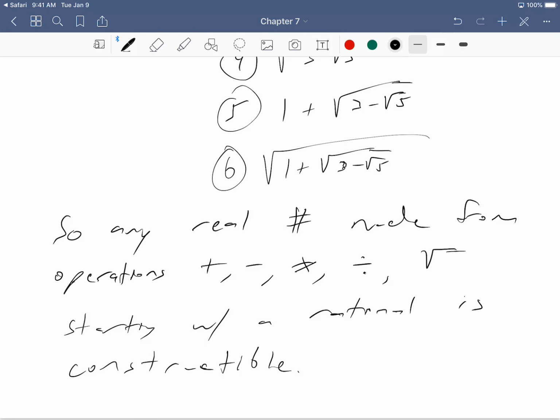If I can write down a number that I started with a rational and I just do a bunch of those operations in whatever order I want, that means I can construct that number. So we're going to figure out a way to write this down more formally, and then we're going to try to tackle the other direction. What we're saying here is that if I can write a number in this way, then I know I can construct it. The question that will be harder to answer is, if a number is constructible, did it have to be made out of these operations, or is there other stuff we just haven't seen yet? So we will get to that later.